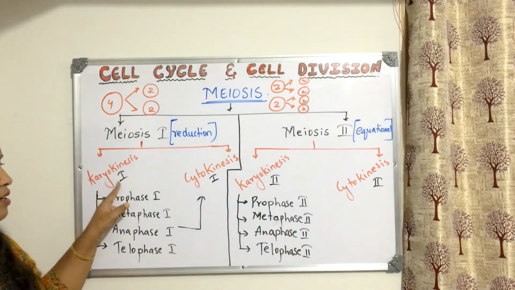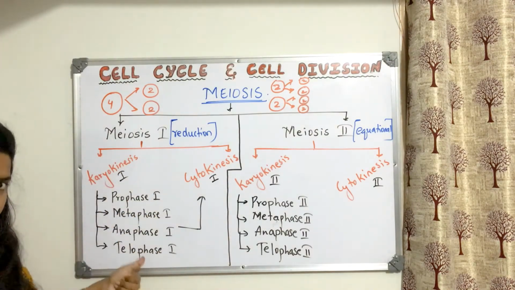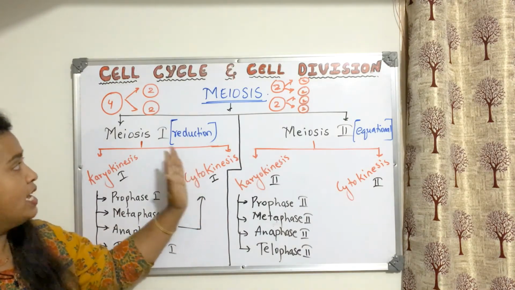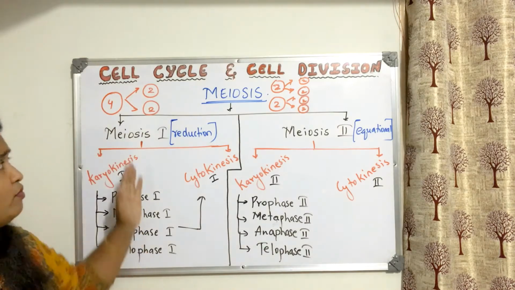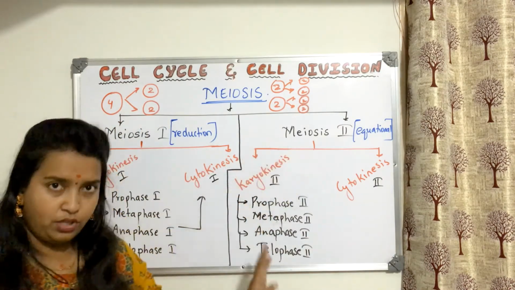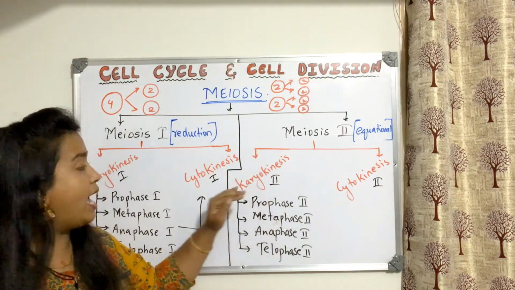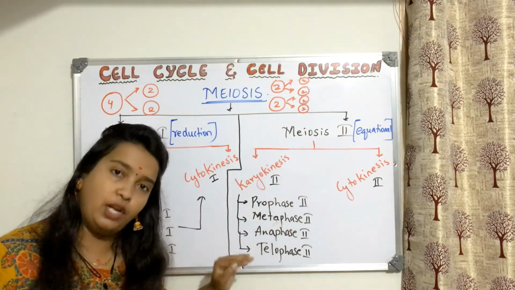Karyokinesis 1 has prophase 1, metaphase 1, anaphase 1, telophase 1. Then it goes for cytokinesis, and then 2 cells are formed. Those 2 cells undergo meiosis 2, which starts with karyokinesis 2: prophase 2, metaphase 2, anaphase 2, telophase 2.